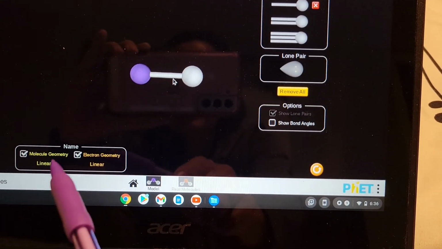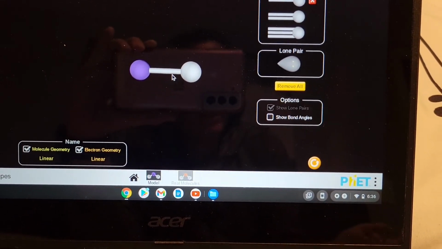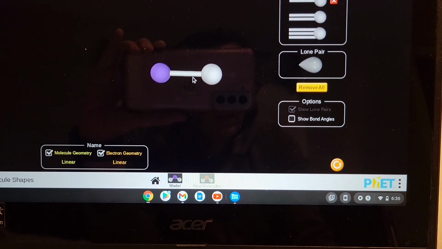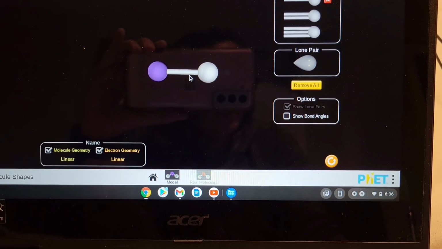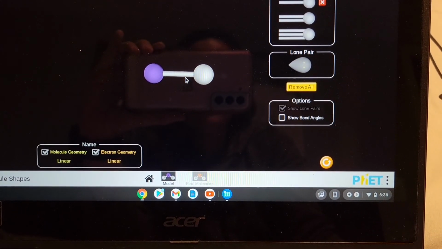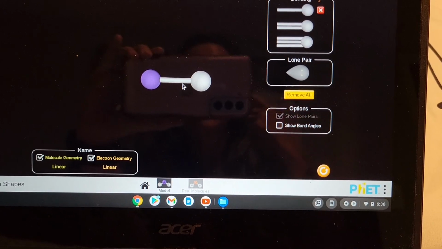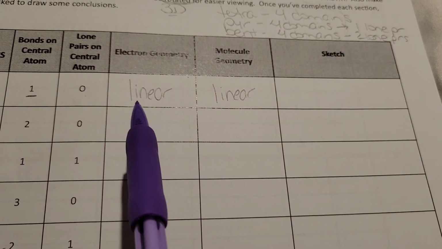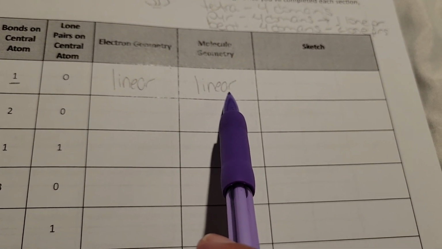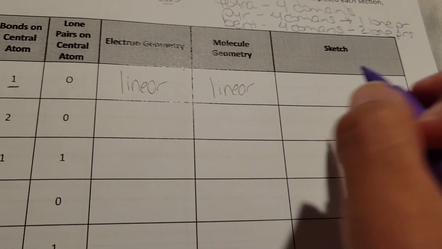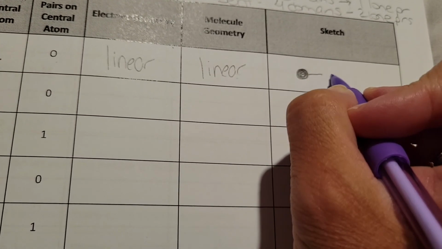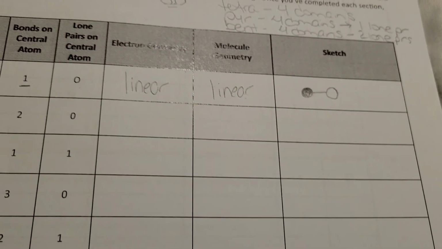Then if I look down here in the corner, I can see that my electron geometry is linear and my molecular geometry is linear. And then I can pretty easily draw a sketch. In your notes, you'll have linear for the electron geometry, linear for the molecular geometry, and then to sketch it, I had my central atom bonded to the other atom.